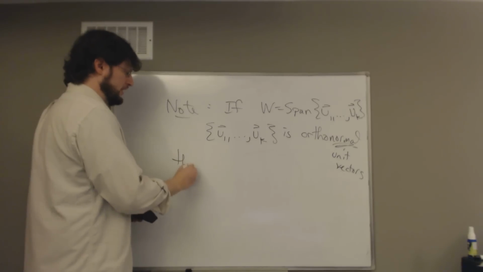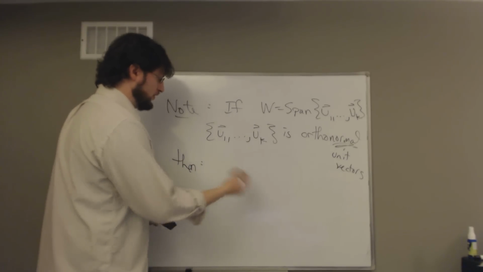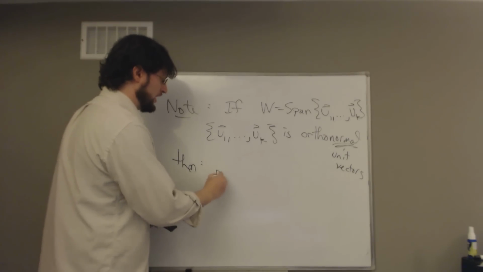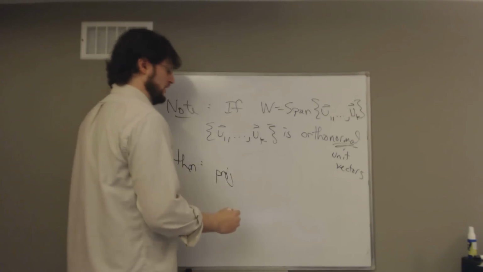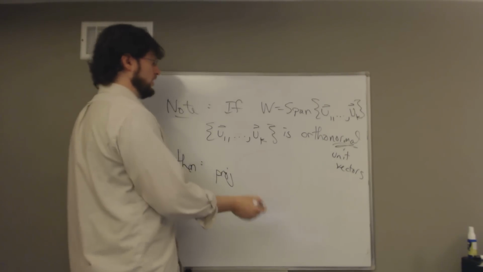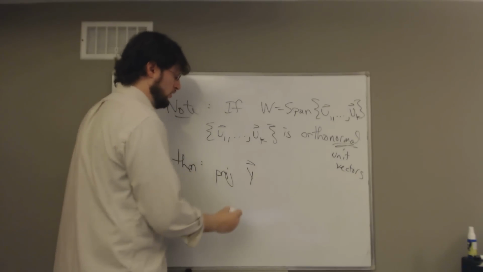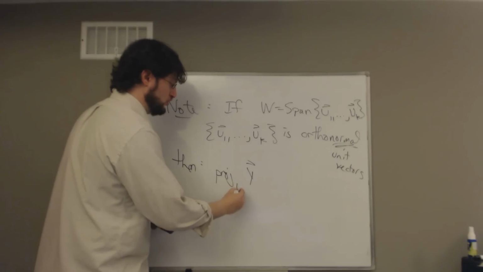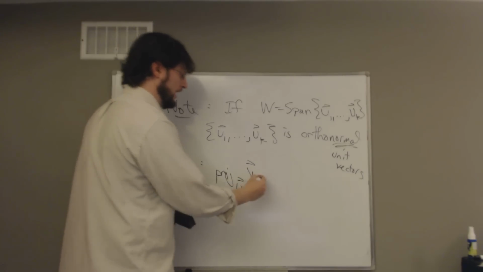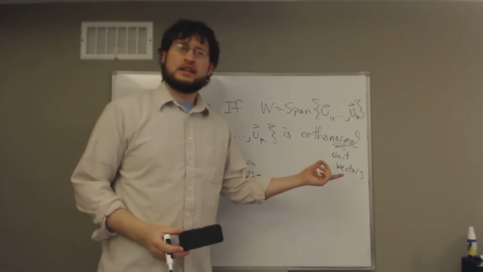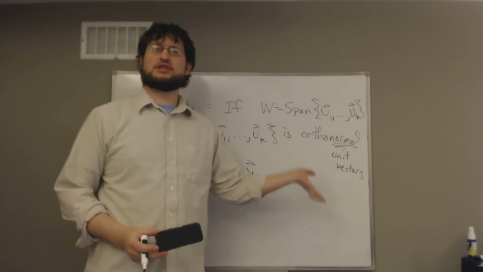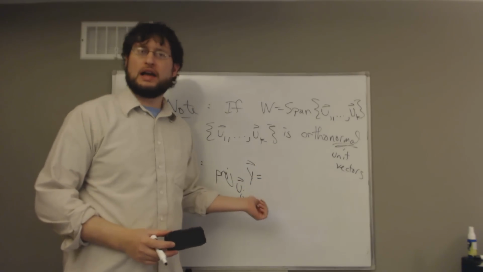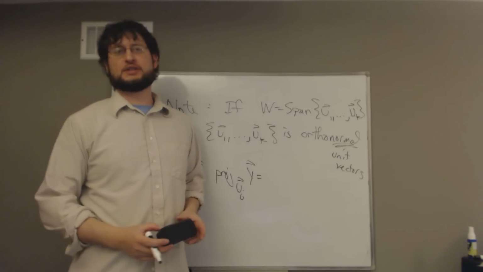Then we can say a couple of things. First, we can remember that the projection of any vector, let's call it y, onto a unit vector, let's call this ui, has a denominator in our projection formula of ui dot ui, but that's the length of ui squared.